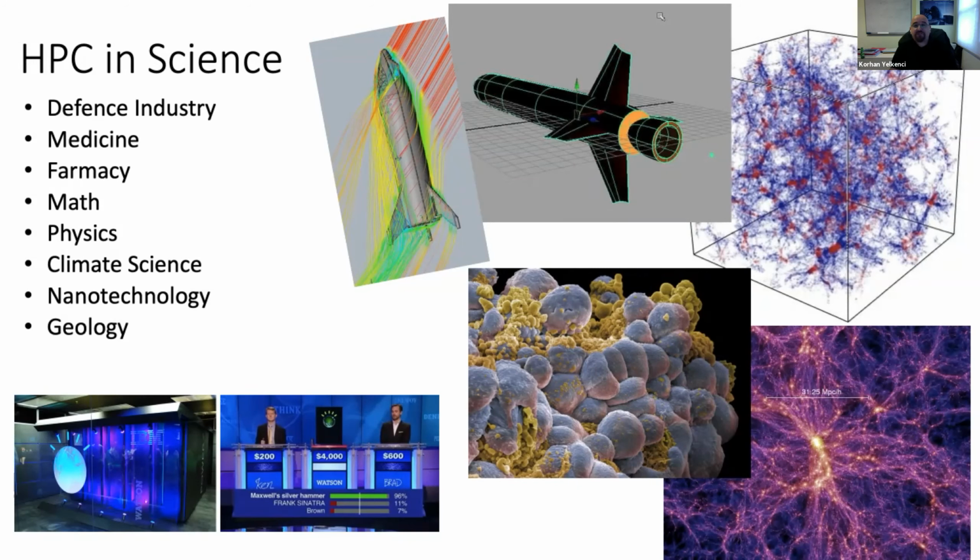And some HPCs have different types of usage, like IBM Watson, a project that is still running, and it is still on the web, so you can use that Watson computer. It has no hard drive.